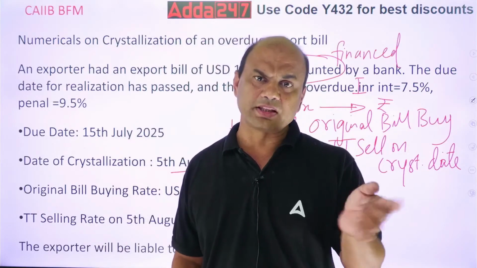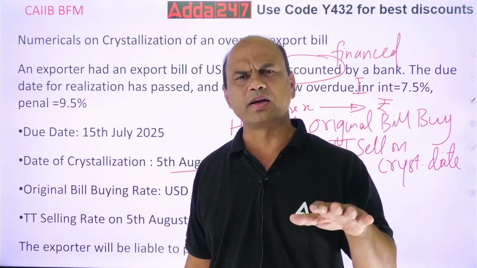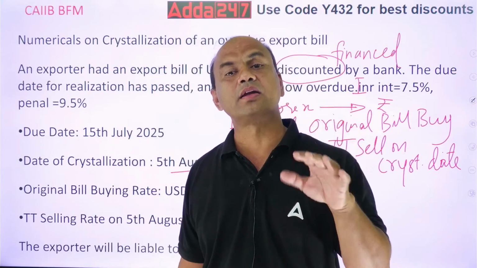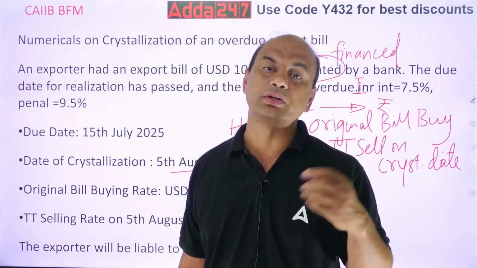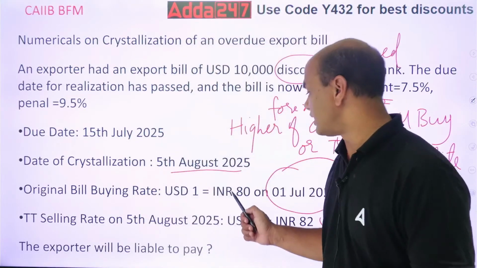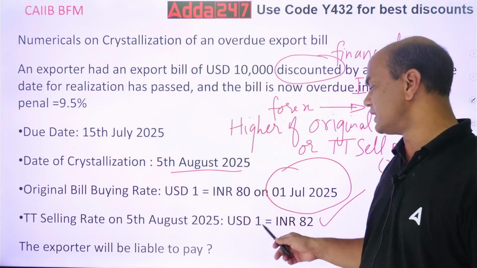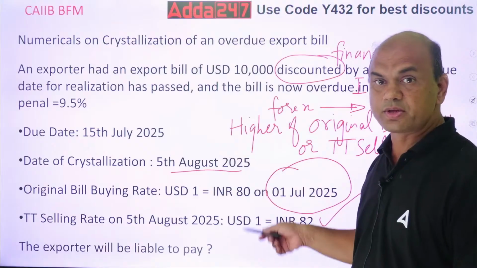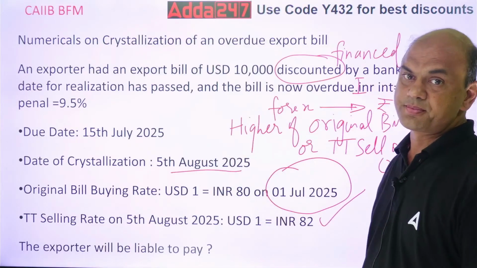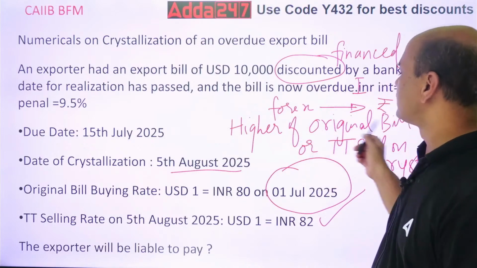Will you sell that flat at a lower rate? No, you keep that flat. Let the original rate come back, then no profit, no loss, you can sell it. So it's always the higher of either the original bill buying rate or the TT selling rate on the crystallization date, whichever is higher. This is the crux of the numerical. The most important part of the numerical is this.